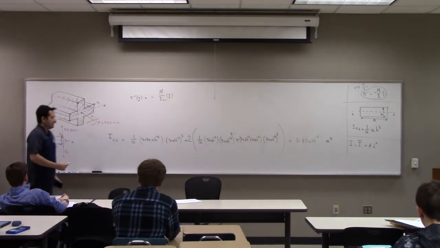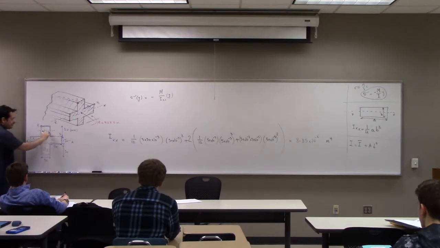And what is y? The distance between that point and the centerline, your neutral axis. Where is the neutral axis? Right here, it passes through that. So yA is from here to here, and yB is from here to here.